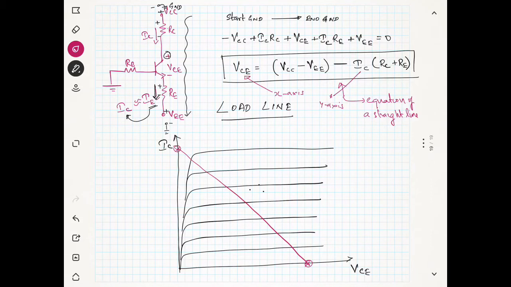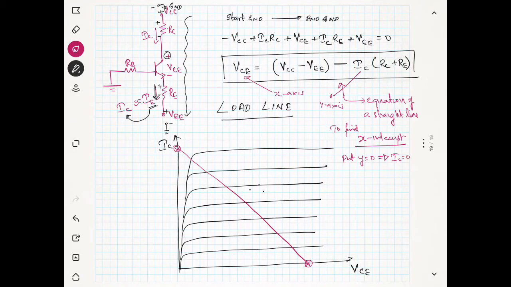Now to find the x-intercept, put y equal to 0. That means, y is IC, put IC equal to 0 in the above equation.